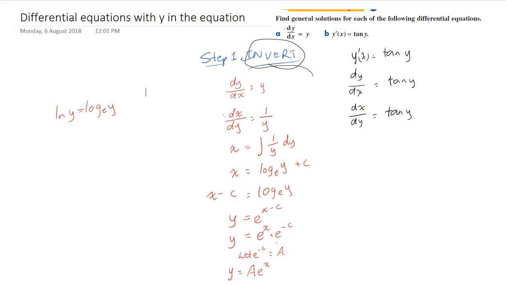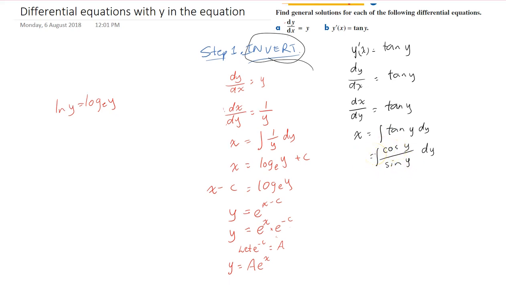1 over tan y, and then x will be equal to the integral of that with respect to y. To integrate it, we can write it as cos y over sine y with respect to y. You might need to think back a little bit, but with cos y and sine y, we've got the derivative present.